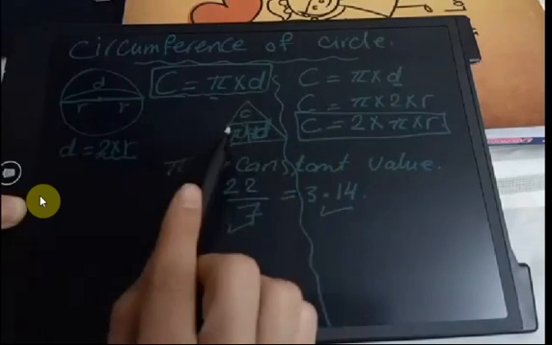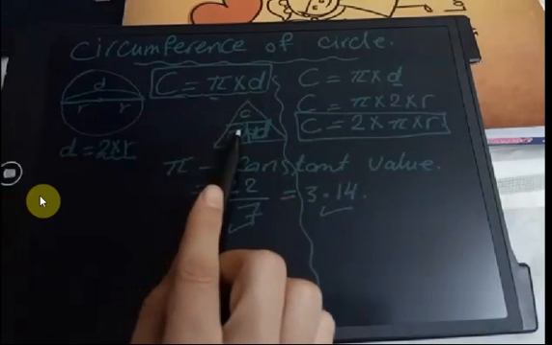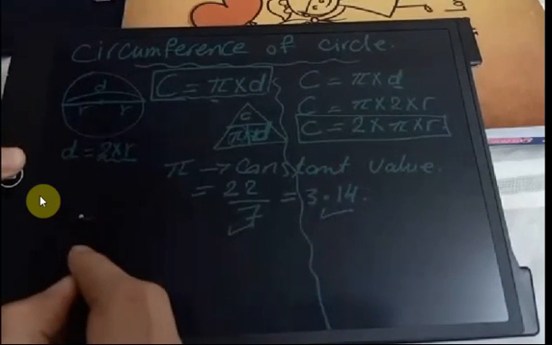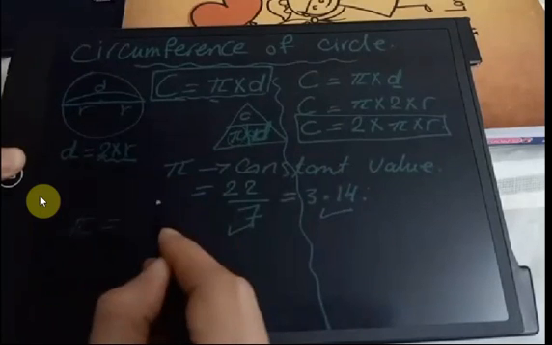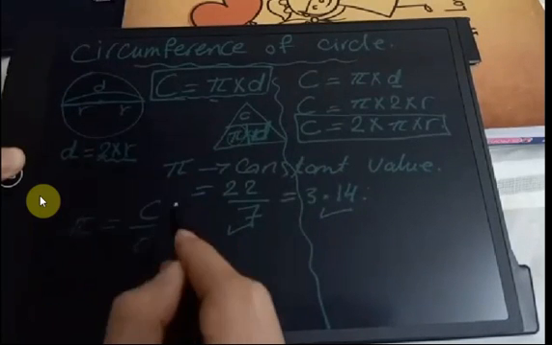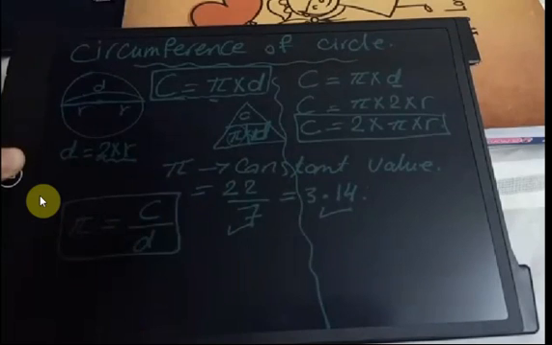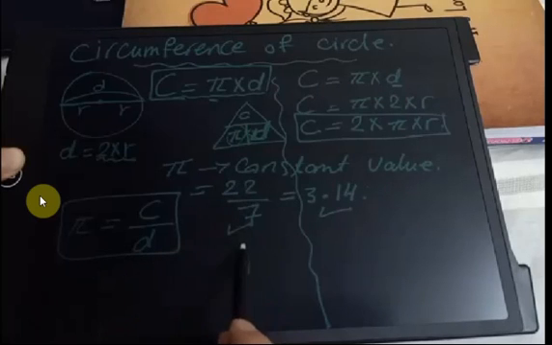So if I want the pi and I hide it, it will equal c over d. So the pi equals c divided by d. That's how we can get the pi. So if you imagine any circle and divide its circumference by its diameter, it will equal 22 over 7 or 3.14.